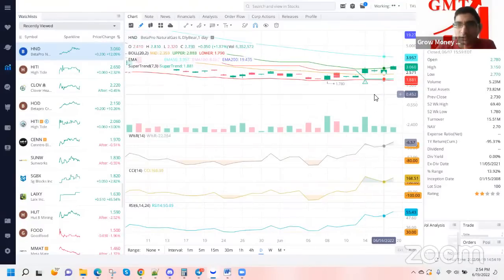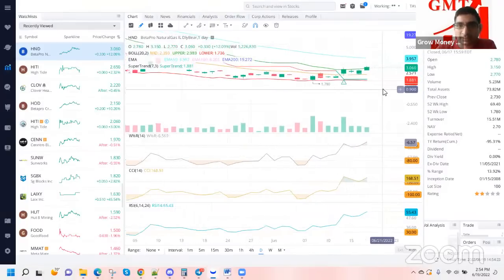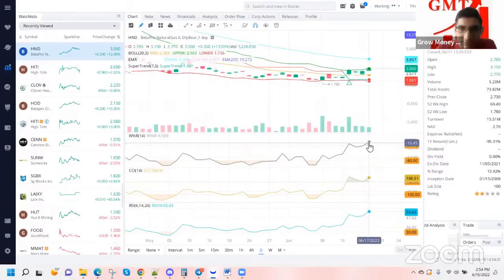So this is an inverse ETF for natural gas. And now that natural gas has started dropping, HND has picked up. It's currently at the upper Bollinger Band, and based on the daily chart, it is in the overbought region.